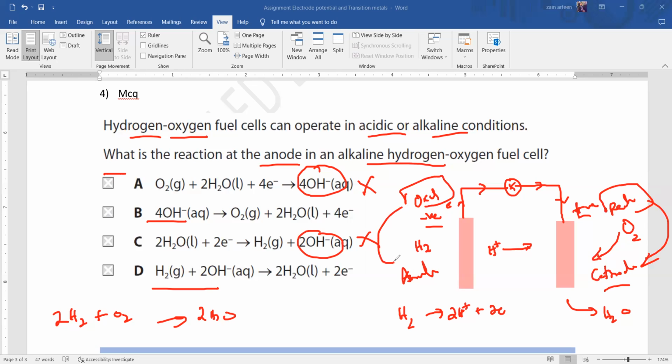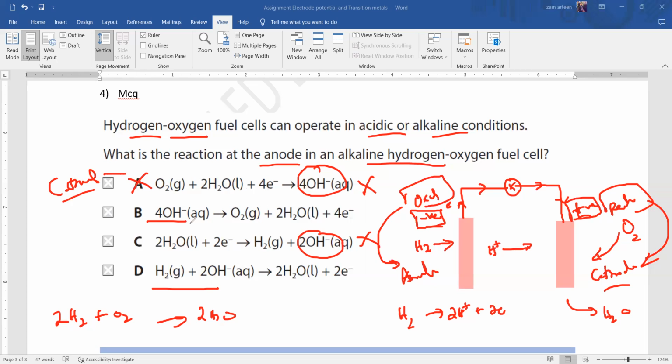So in terms of oxidation and reduction, the side where we have hydrogen is always the anode, and the side where we have oxygen is the cathode. But in terms of movement of electrons, they move from negative to positive, so that electrode is called the negative plate and the other one the positive plate. This oxygen reaction happens at the cathode, not at the anode. That's why A cannot be the right answer.